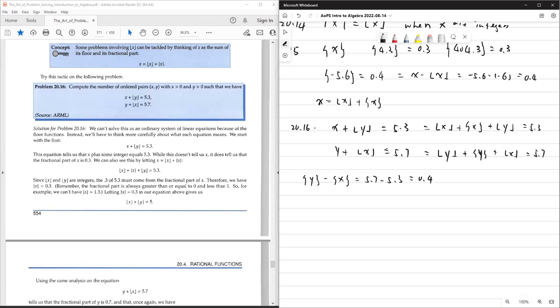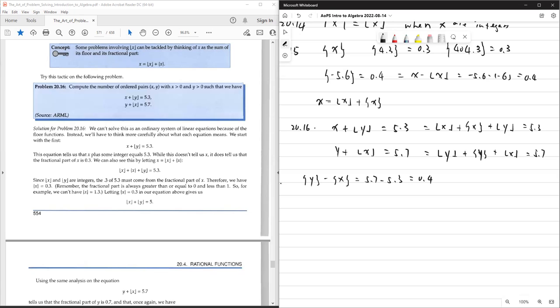So then we can substitute. We have the floor of x plus the floor of y, and we know this is an integer, right?